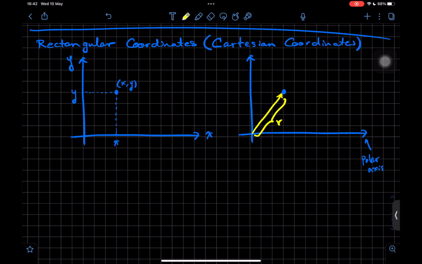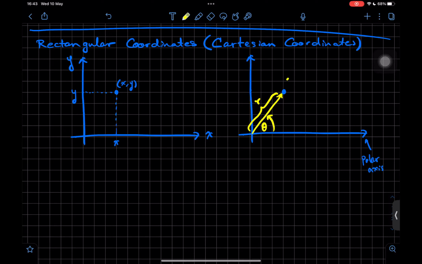Okay, let me change a little bit. Okay, and another thing that you need to know is what is the angle, okay, between the polar axis and that arrow. So it's here. Okay, the angle is theta, like this.